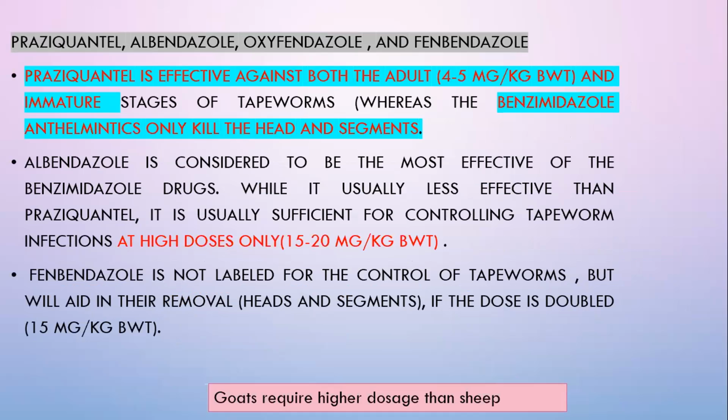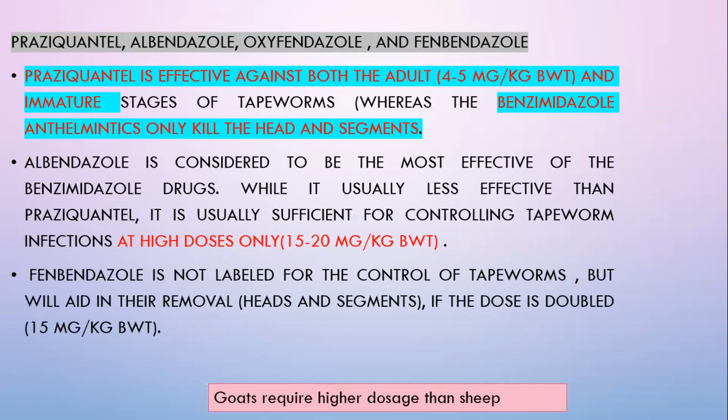Coming to the treatment of this tapeworm, praziquantel is effective against both the adult and the immature stages of the tapeworms. Also, the benzimidazole group of drugs can be given, among which albendazole is considered the most effective, but it should be given at high doses only, that is more than 15 mg per kg body weight.